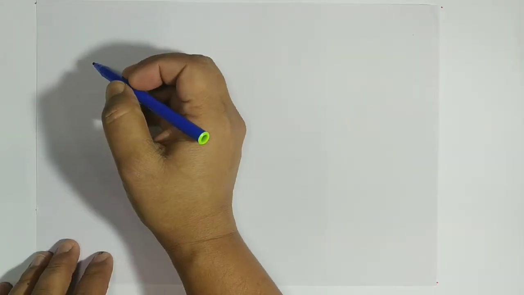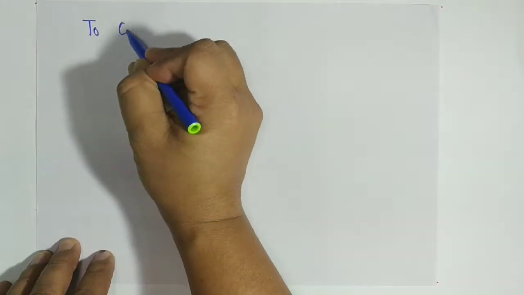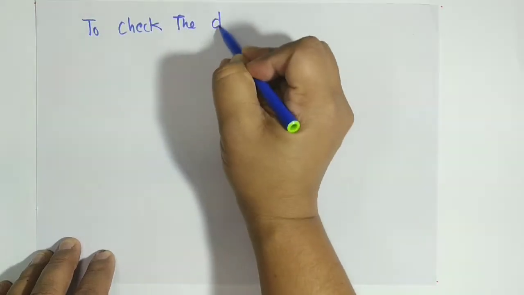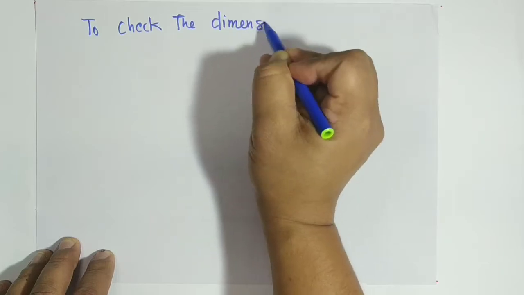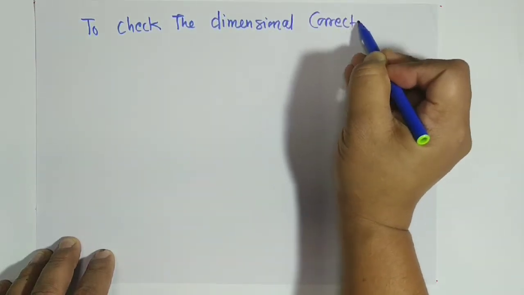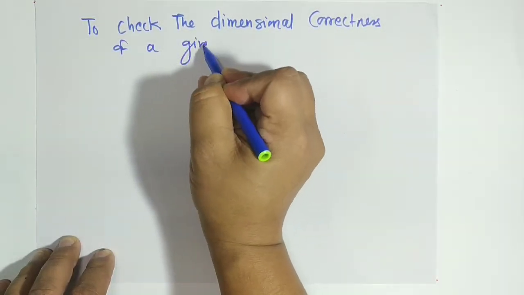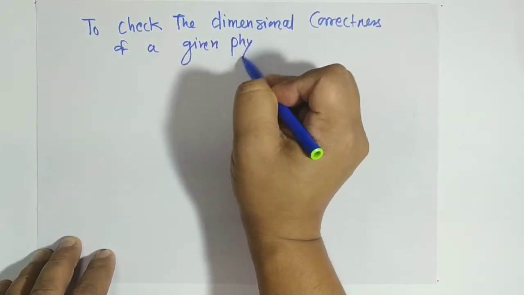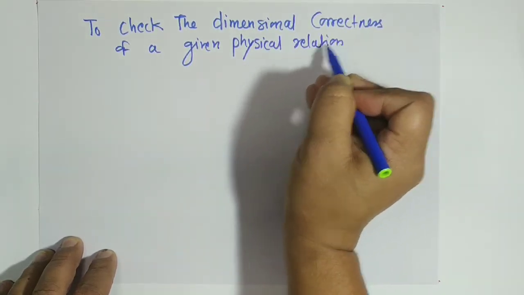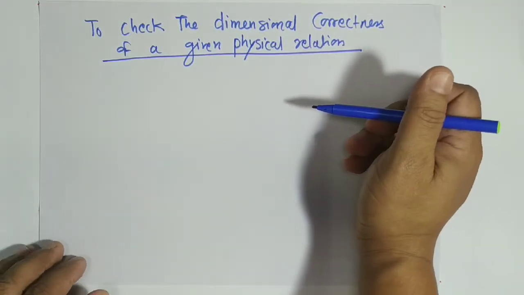The first application is to check the dimensional correctness of a given physical relation or equation. So this is the first application which we are going to discuss.